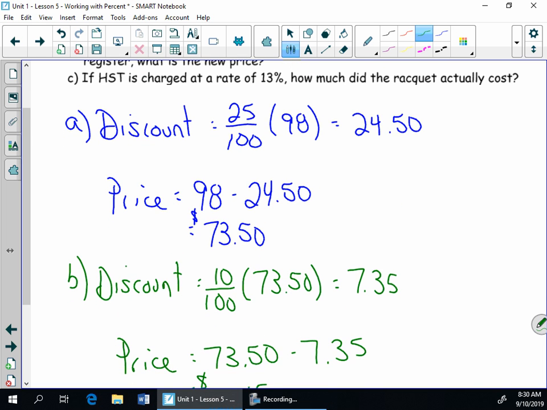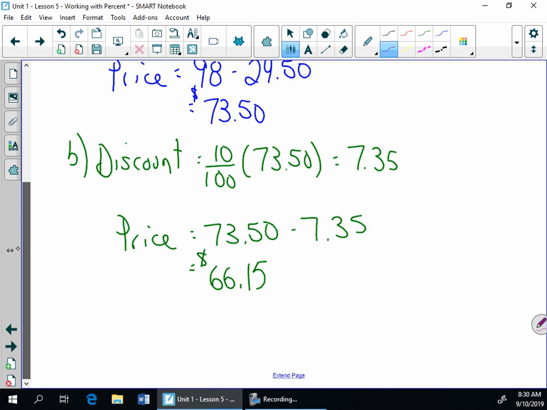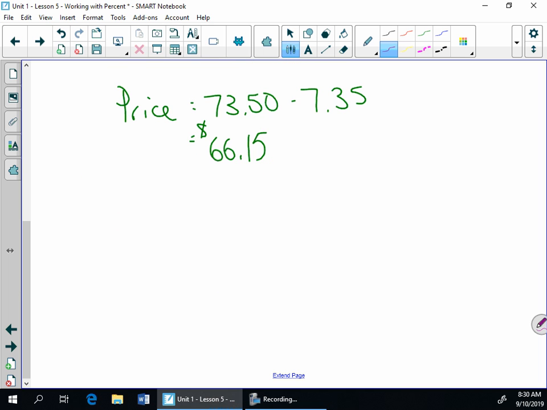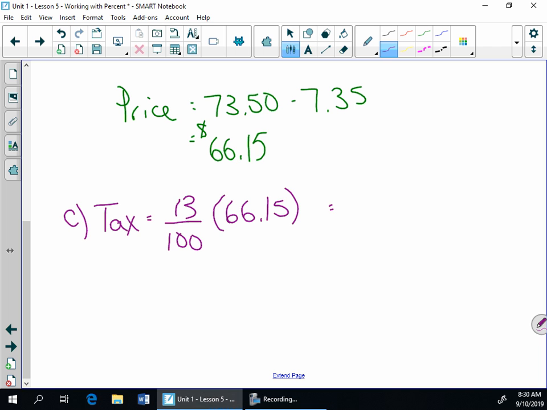Part C. HST is charged at 13%. How much does it actually cost? Taxes. Our taxes are based on the new price. They're at 13%, so 13 out of 100 times our new price, $66.15, which comes out to approximately $8.60. What does it actually cost?